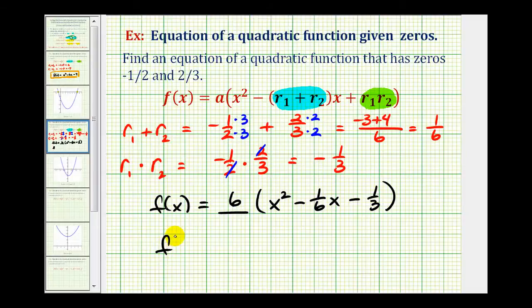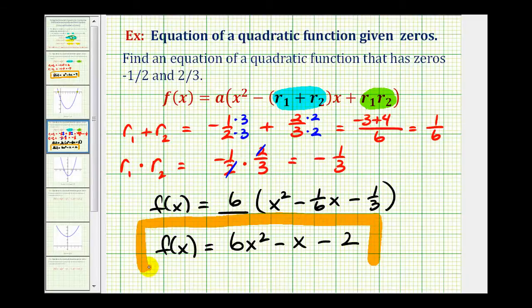So f of x equals 6x squared. Well, 6 times negative 1/6 is negative 1, so I'll have minus 1x, or just minus x. And then 6 times negative 1/3 would be negative 6/3, which is negative 2, so we have minus 2. This quadratic function has zeros of negative 1/2 and positive 2/3.